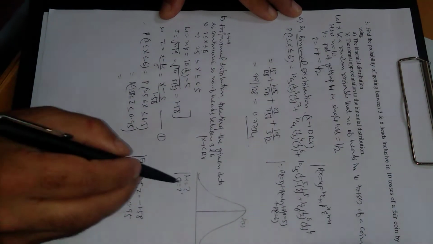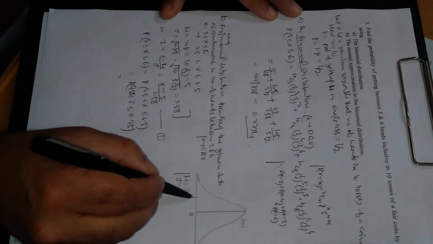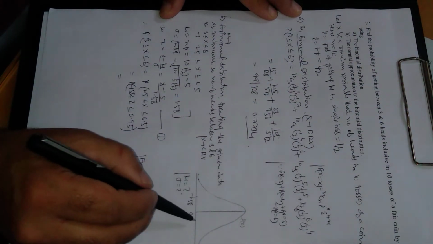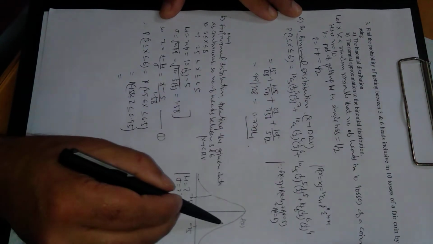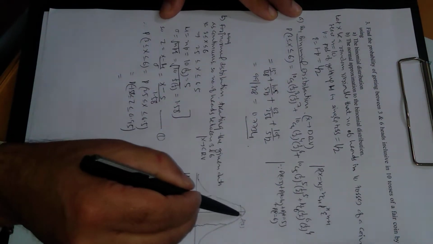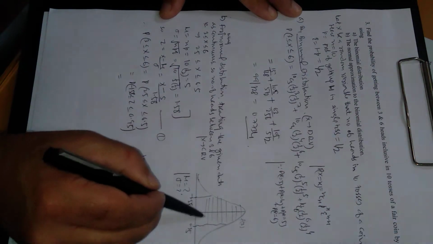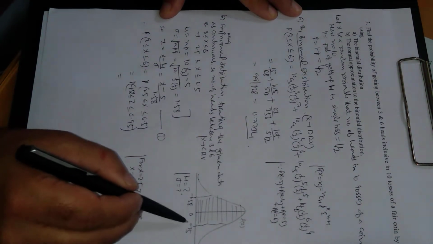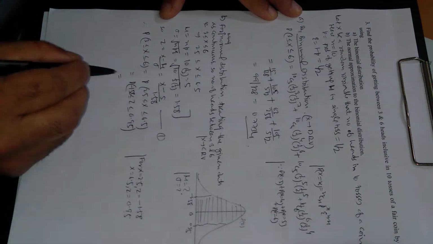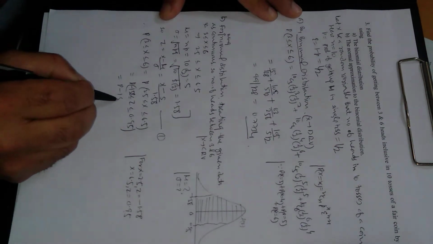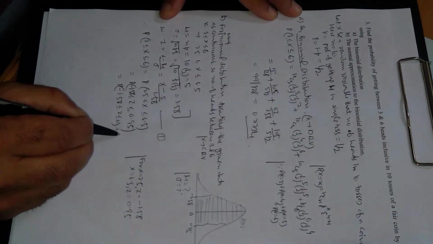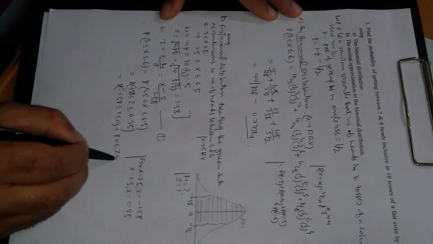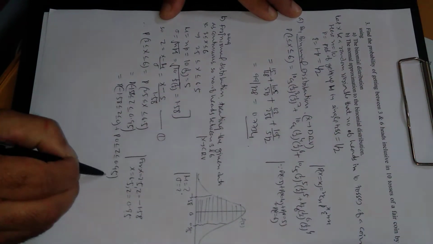You can see here this is 0, this will be minus 1.58, and this will be 0.95. So we have to find this area, from minus 1.58 to 0.95. Clearly from the diagram this probability can be split into two parts: minus 1.58 less than z less than 0, plus 0 less than z less than 0.95.